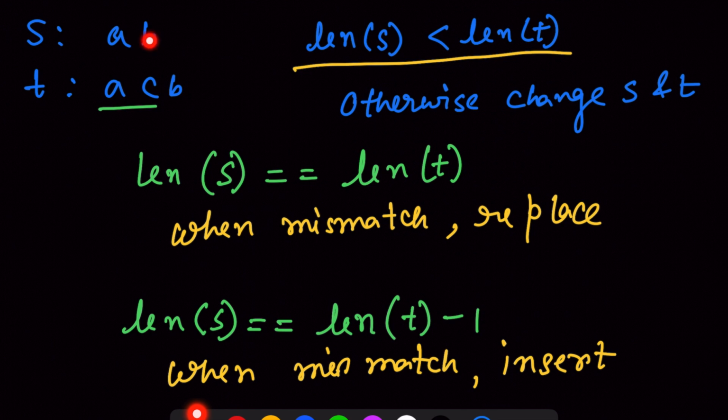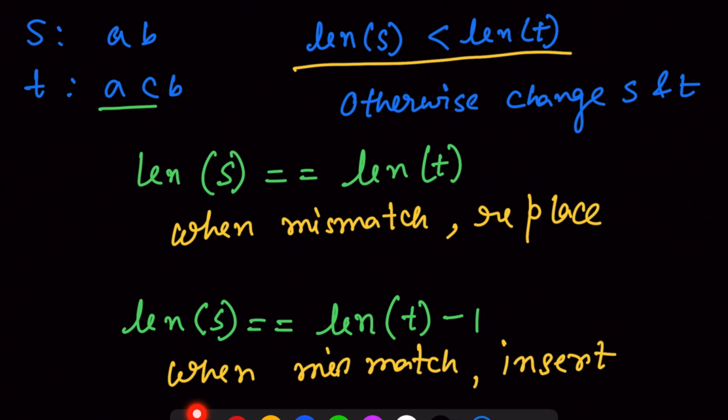Now, if length of s is less than length of t, two conditions can happen. Either they are of the same length, or length of s is 1 less than length of t. If the difference, length of t minus length of s, is greater than 1, you cannot perform one operation and make both equal, so we can immediately return false.